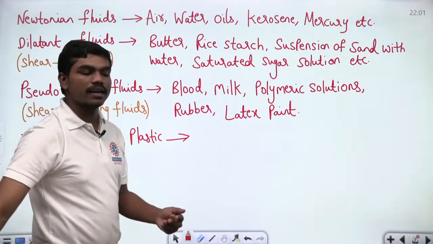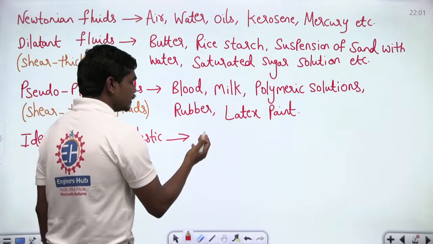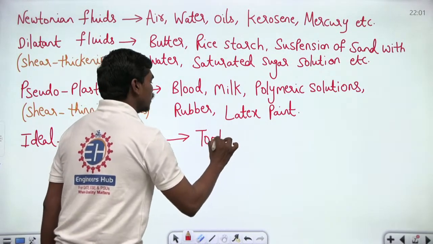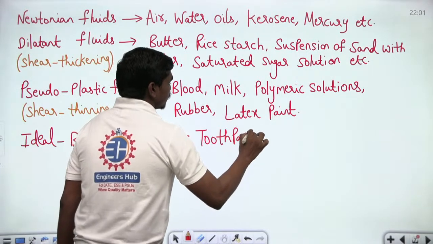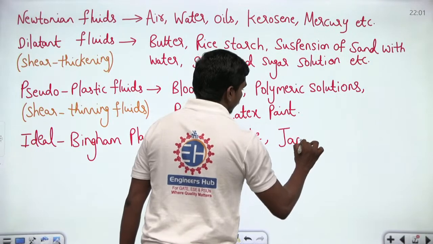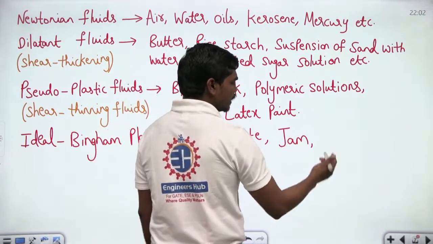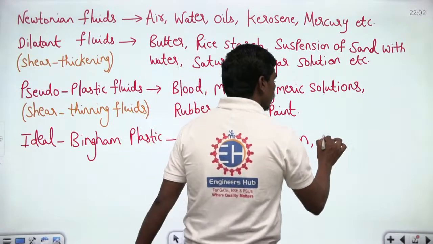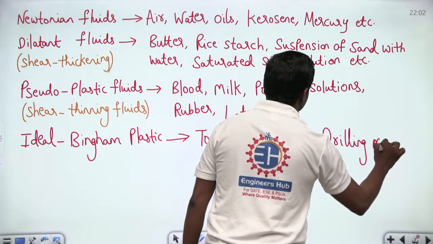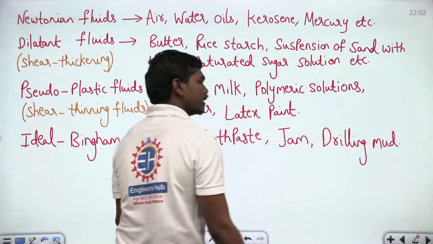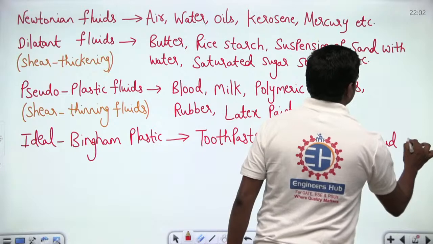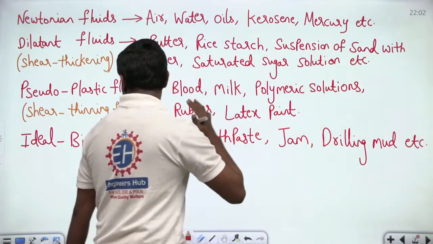In case of these ideal Bingham plastic fluids, we generally study toothpaste, and after the toothpaste we have seen jam, and after the jam some dilating mud can also be in this case. All these fluids come under this.